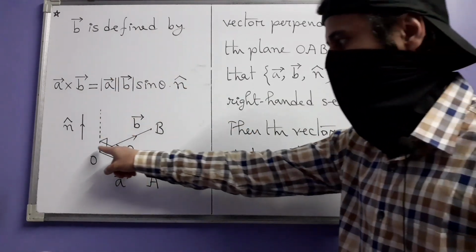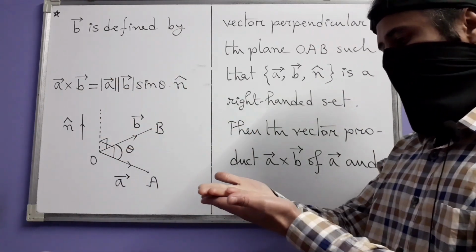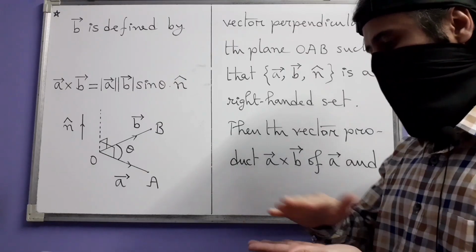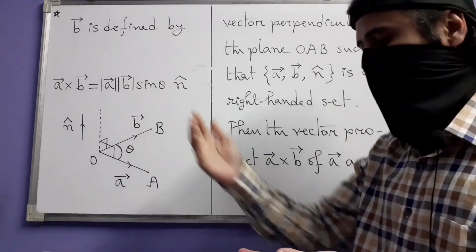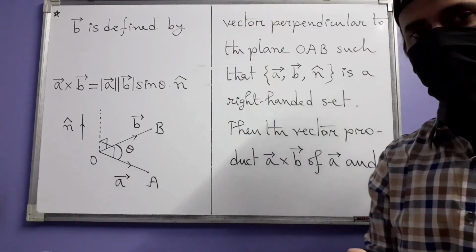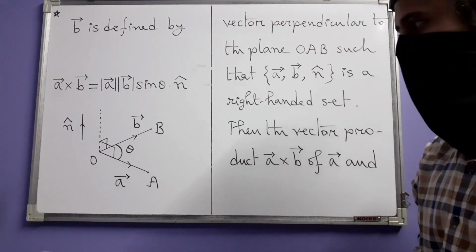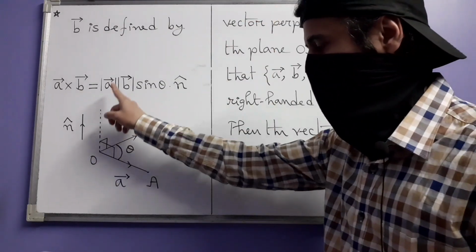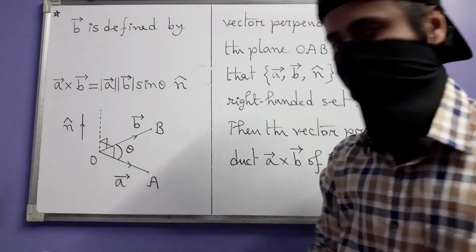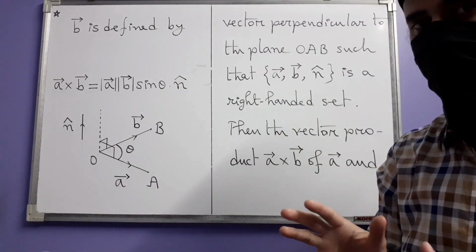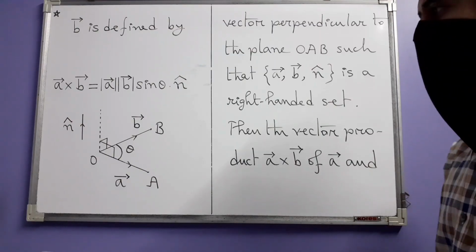No. This OA and OB are lying in a plane, say a horizontal plane like this. And this dashed line is perpendicular to this plane in that sense. And to indicate that this is perpendicular to both OA and OB, we have drawn this small rectangle just to show that it is perpendicular.